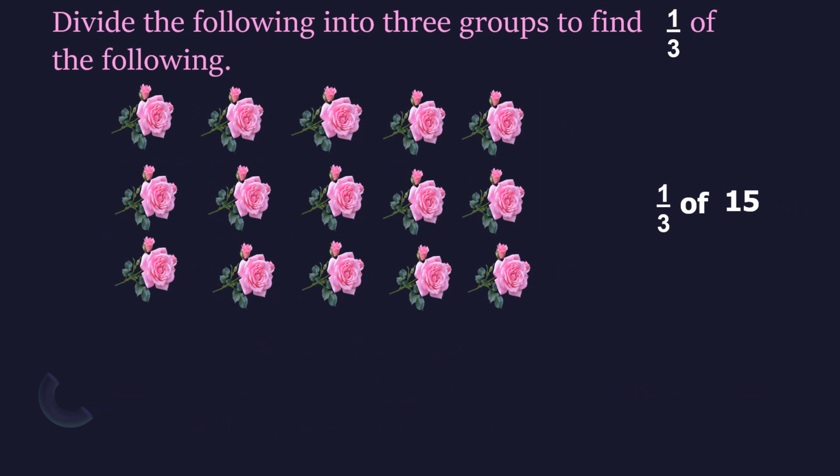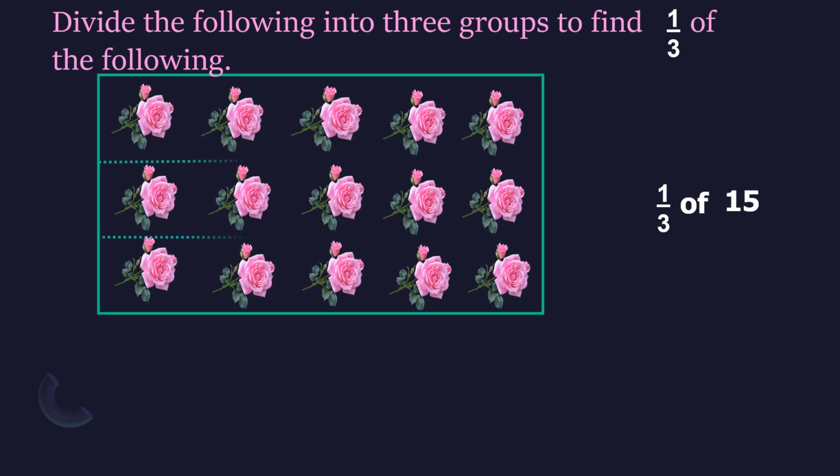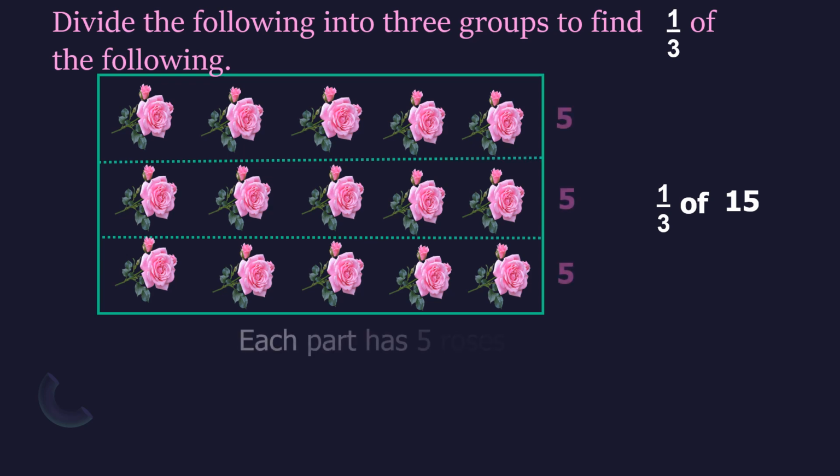Again we can divide these beautiful roses into 3 equal parts. 1 by 3, 1/3 means we should divide into 3 equal parts. So 1 by 3 of 15. We have a total of 15 flowers in this. So let us divide this into 3 equal parts. How many flowers are there in each part? 5.